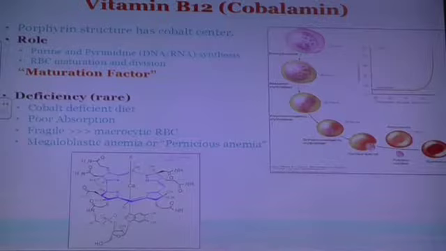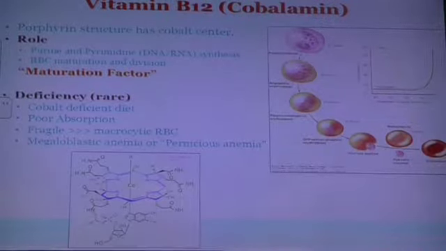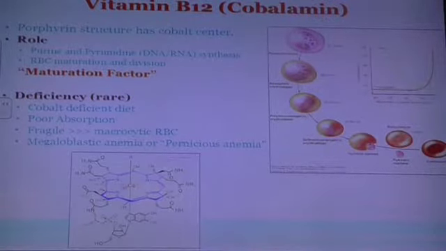Okay, the first one is cobalamin, or vitamin B12. We call it cobalamin because the chemical structure is a porphyrin structure with cobalt in the center. You can see the cobalt center; that's the origin of the name cobalamin.